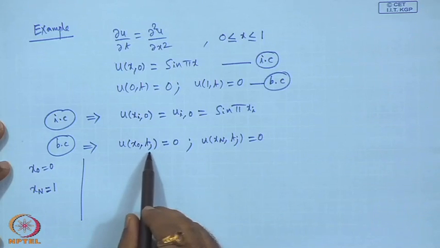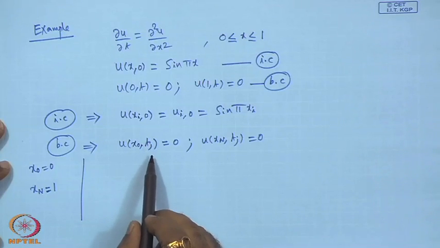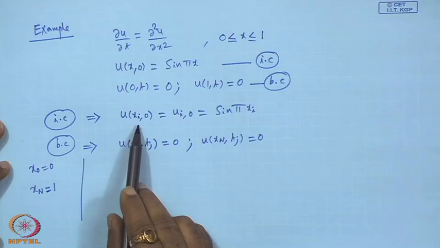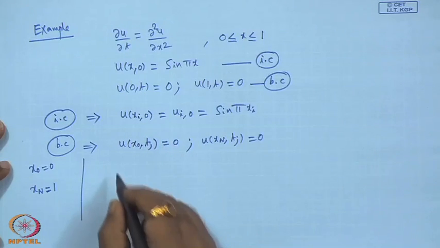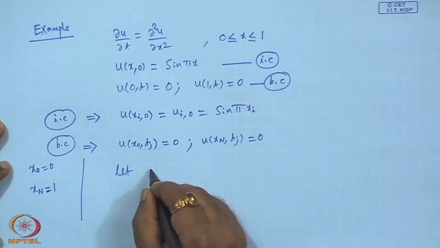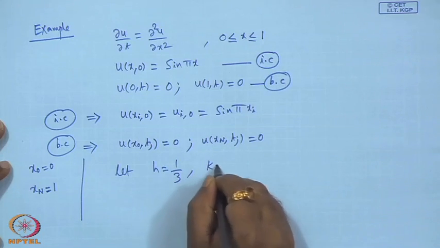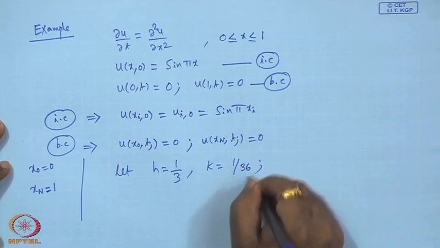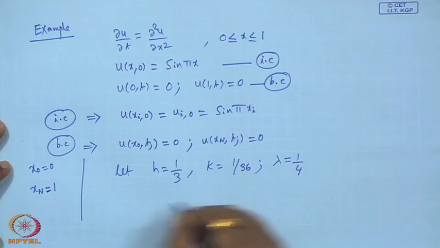So, now it depends on the discretization, the step size corresponding to x and then t, the index will be decided. Okay. So, let us say h is given to be 1/3 and k is given to be 1/36, then lambda turned out to be, what is this?